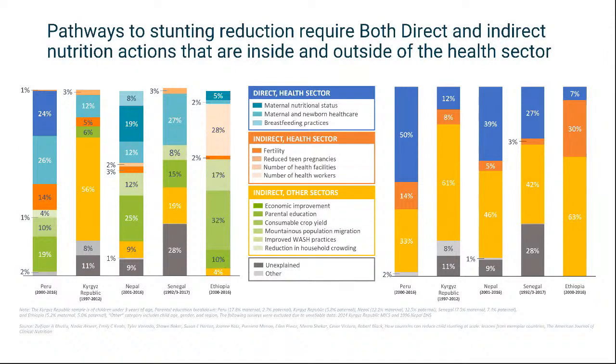And then once we start bundling these into macro categories of direct and indirect health and non-health sectors, we begin to see a pattern of contribution where, if we describe the health sector, direct and indirect, as roughly mapping to nutrition specific interventions, we're seeing a roughly 50-50 contribution of these components.